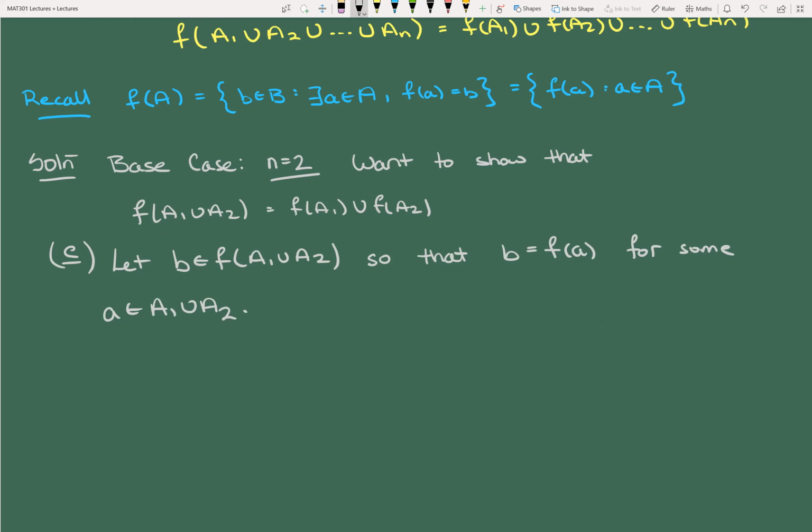That's what it means to be in the image of A1 union A2. You look like f of something where that something is in the union. Now, of course, since a is in the union, it's in one of those sets, either in A1 or A2. This isn't the sort of thing where you want to break it into cases. What we'll just say here is, without loss of generality, let's assume that it's in A1.